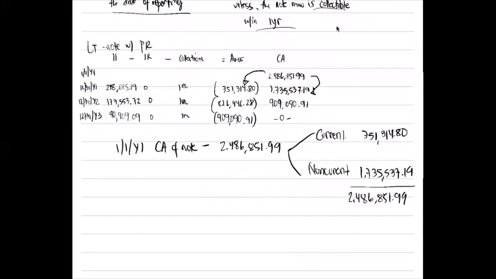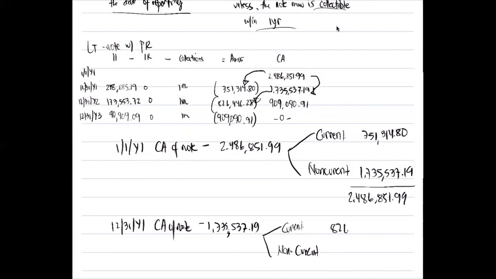Okay, next, on December 31, year 1, what is the carrying amount of note? That is equal to 1,735,537.19. Now, you need to determine again the current portion and the non-current portion. The current portion is equal to the amortization. So, ang amortization natin, next amortization yan is 826,446.28.